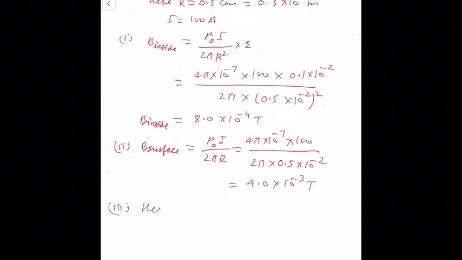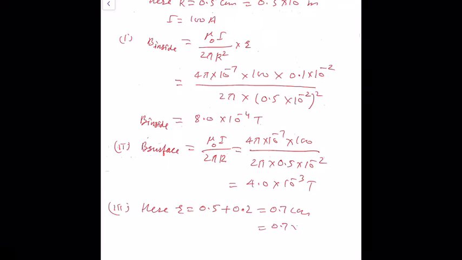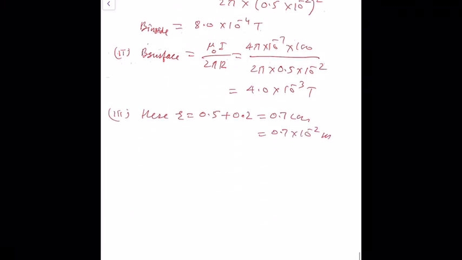Third, here small r is 0.5 plus 0.2, means 0.7 centimeter, or 0.7 into 10 to the power minus 2 meter.